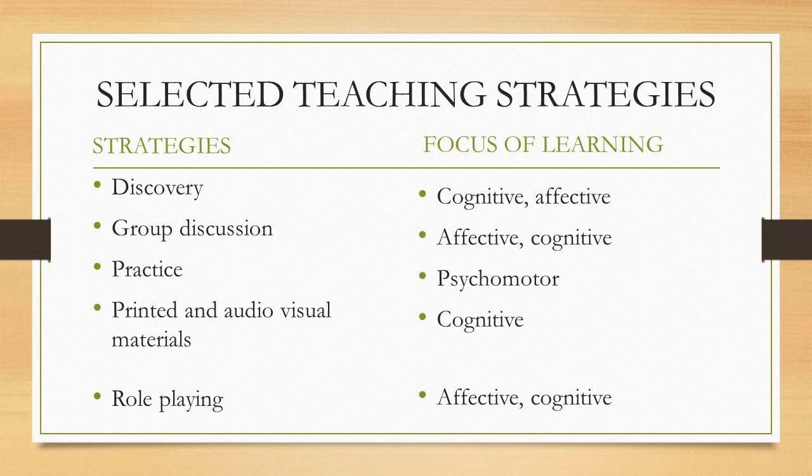The next is role playing. The focus of learning is affective and cognitive. This type of strategy permits expression of attitudes, values, and emotions, and can assist in development of communication skills. And because this is role-playing, the teacher must create a supportive and safe environment for the learner.